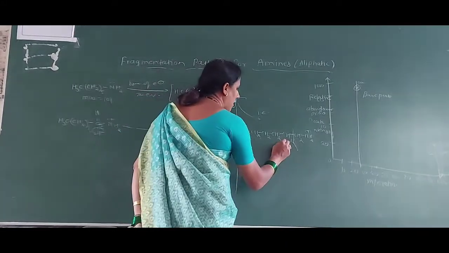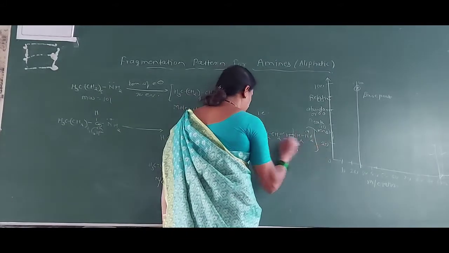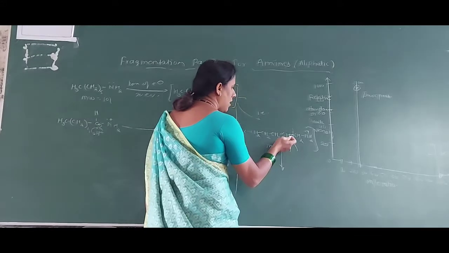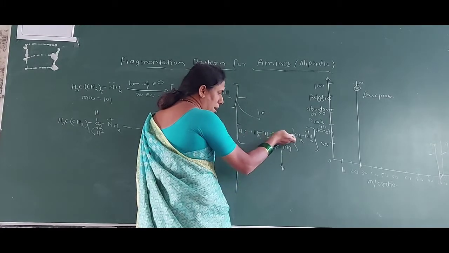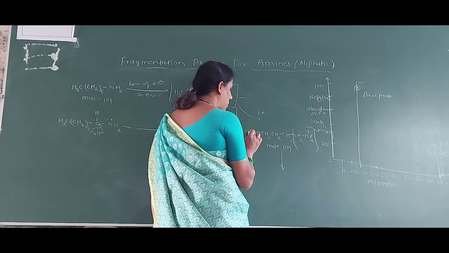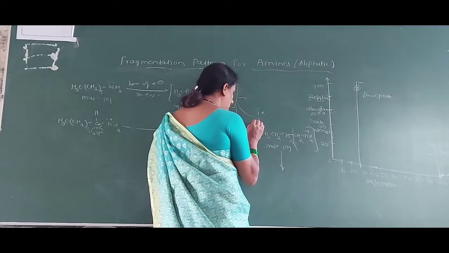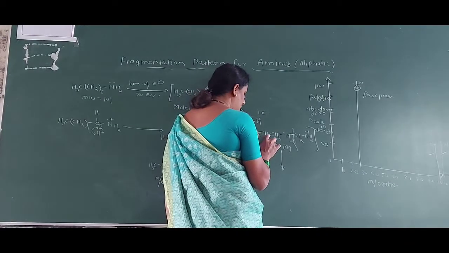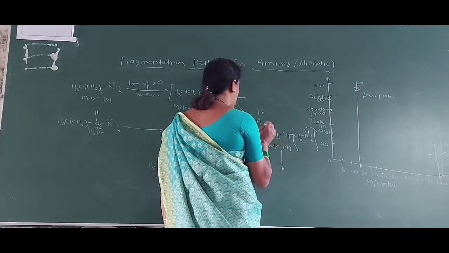So simplify. Here this is the molecular ion. From this, if you fragmentize this molecule, that is equal to what? That is 1, 2, 3, 4, 5, C5. How much hydrogen? 3 plus 2, 5, 7, 9, 11.